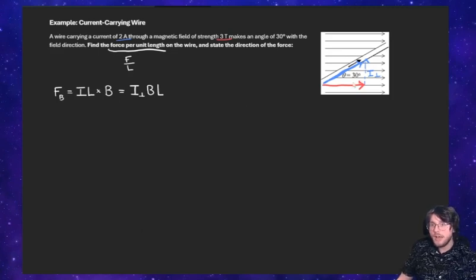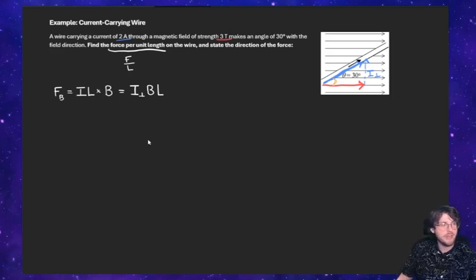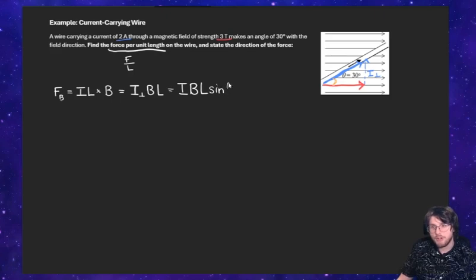To do that, we know that this current here appears to be making a 30-degree angle with, oh, sorry, it's in white, a 30-degree angle with our magnetic field direction. So the opposite side here indicates we will need to find the sine of 30 degrees. That is going to give us our vertical component. So now that we've done all of that, we can comfortably say it's going to be I times the magnetic field strength times the length of the wire, which we will divide over, times the sine of our given angle.